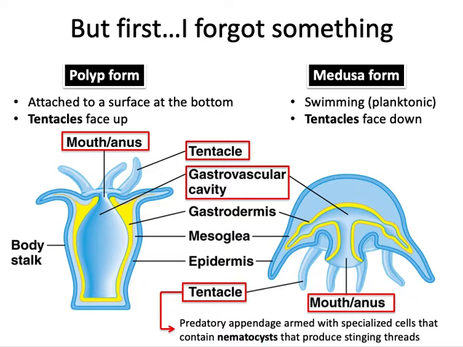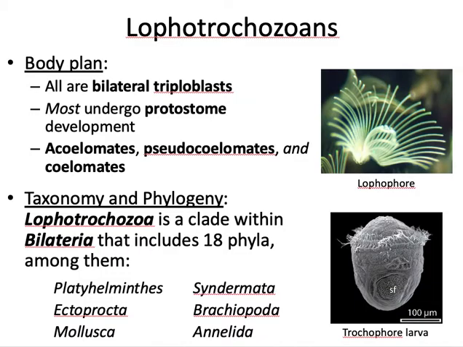Nematocysts are the organelles that produce the stinging threads, and the stinging threads can inject themselves into the body walls of their prey, paralyzing them, and that is what makes it easier for them to grab them and ingest them. So nematocysts is something that you should associate with the phylum Cnidaria. All right, back to our Lophotrochozoa.